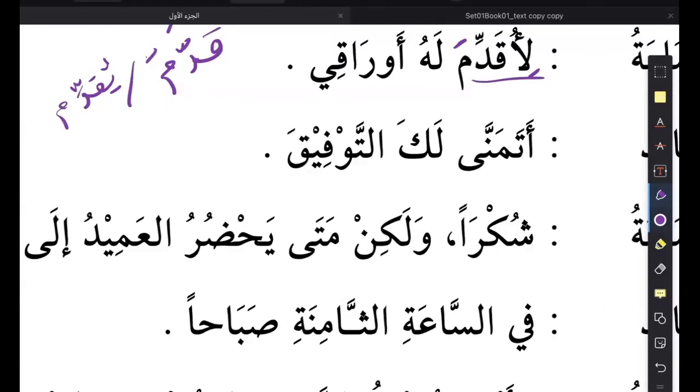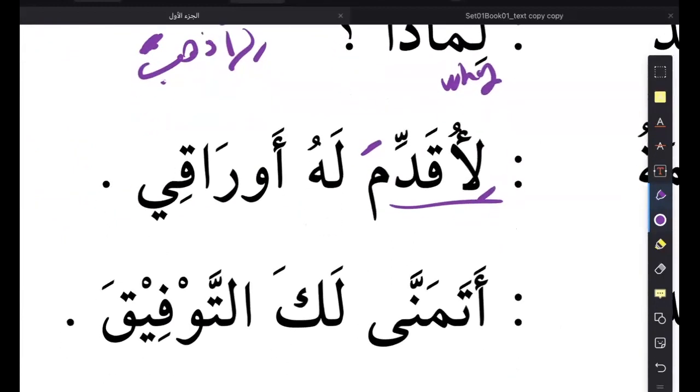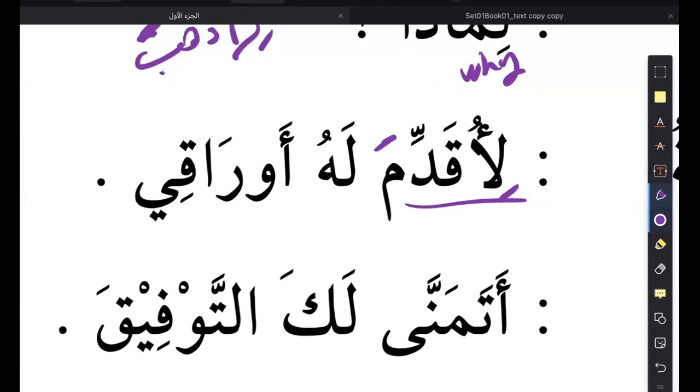So going back here, he says limada, why? Li uqaddima lahu awraqi, so that I submit for him my papers. Because of the li, you can say "so that". So that I submit.